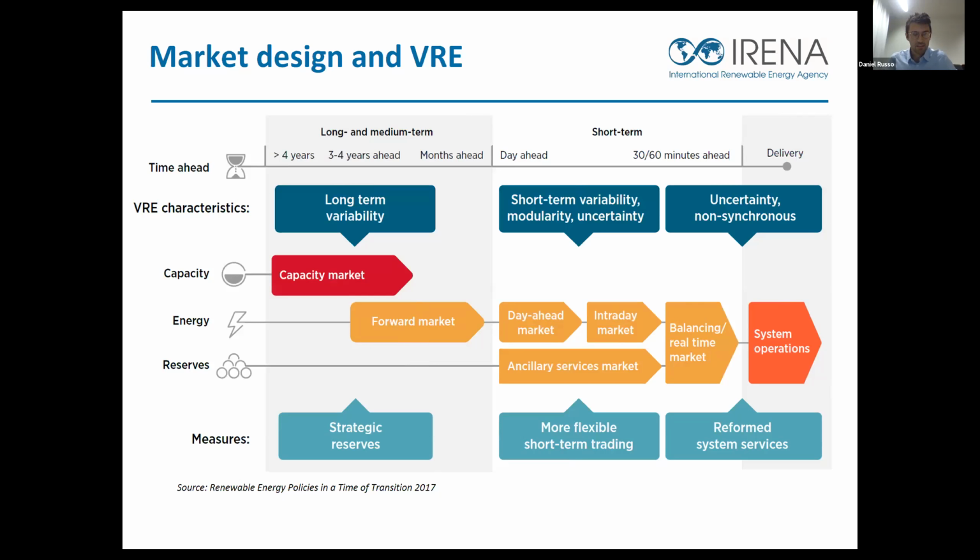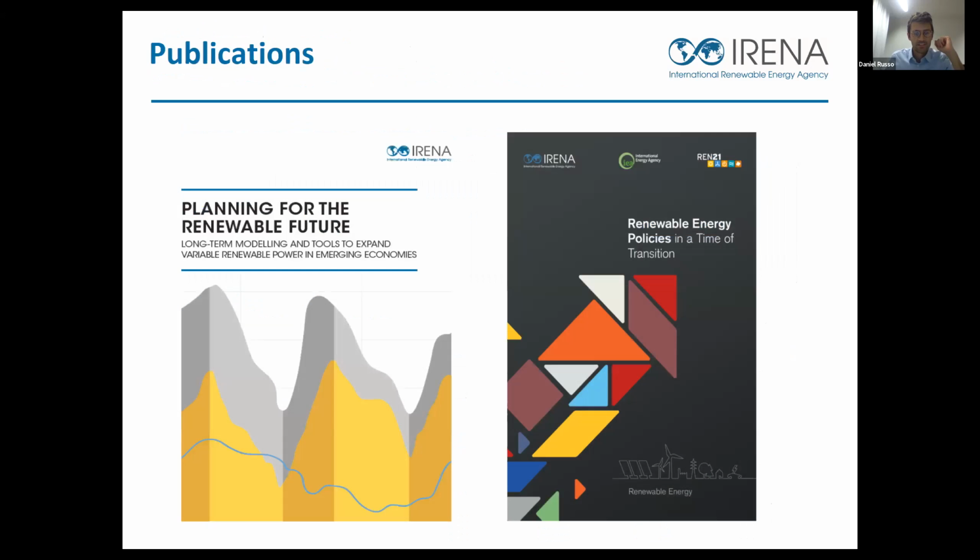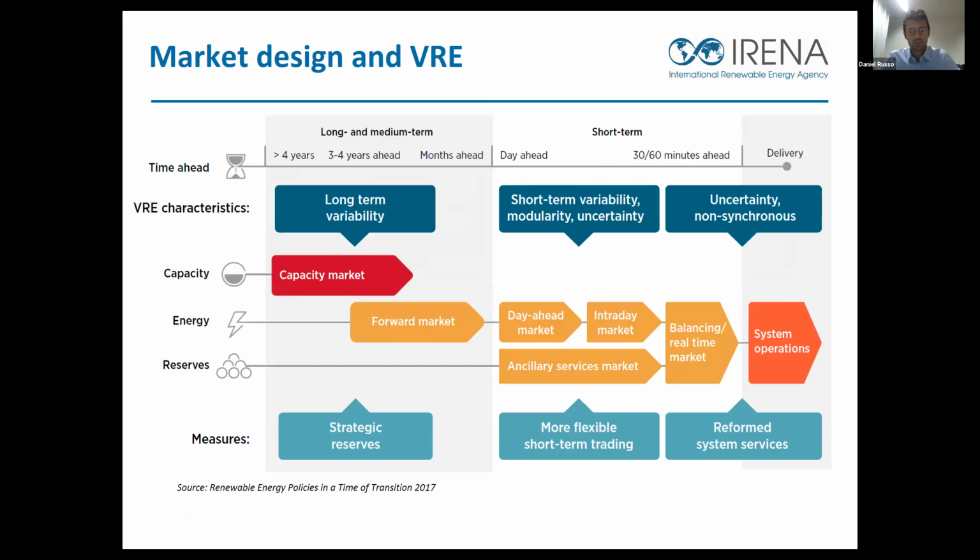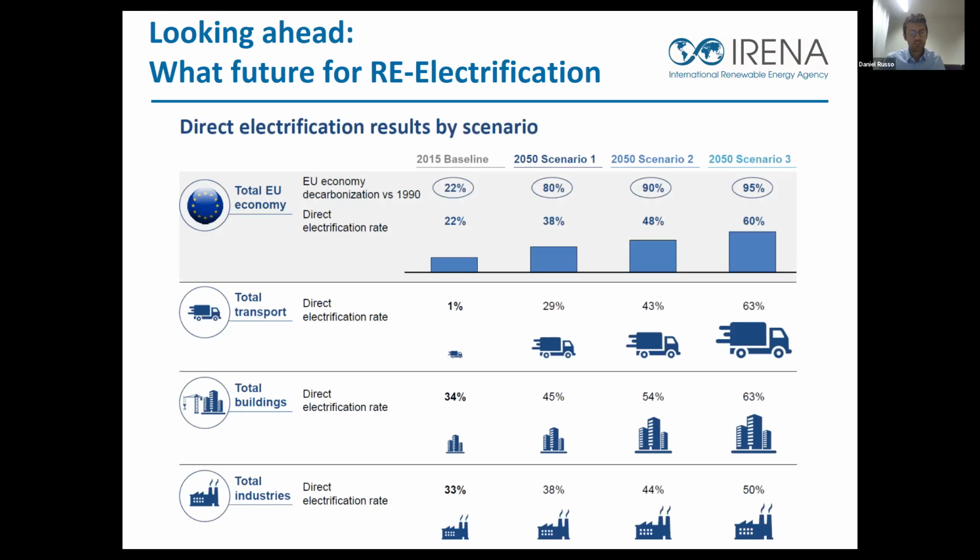I think the conclusion is that you don't necessarily need to worry too much about the more serious issues if you're starting from a low baseline. Also, looking ahead, we don't necessarily know if this picture will be exactly the same. This is a study from Eurelectric on what we could look like in 2050 if there's greater electrification of other end uses, other consumption. This is things like replacing fossil fuels in the transport sector or in industrial use.